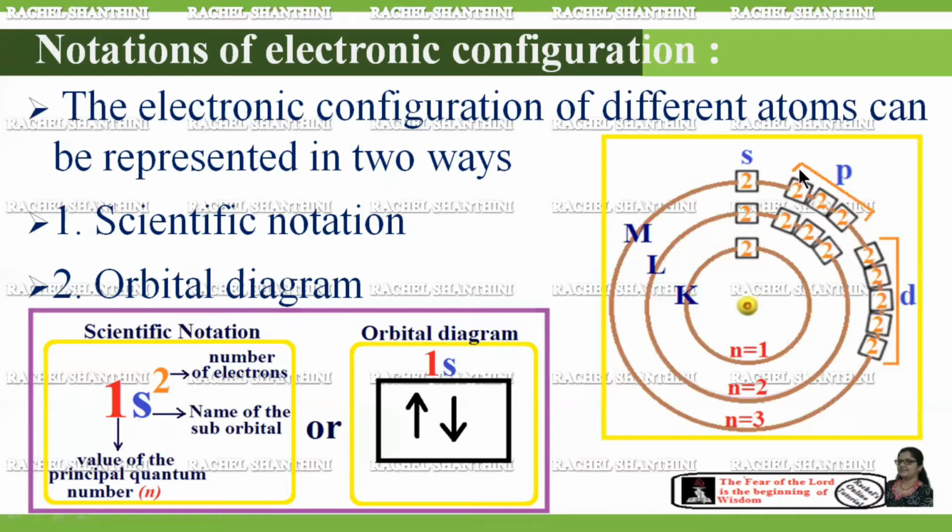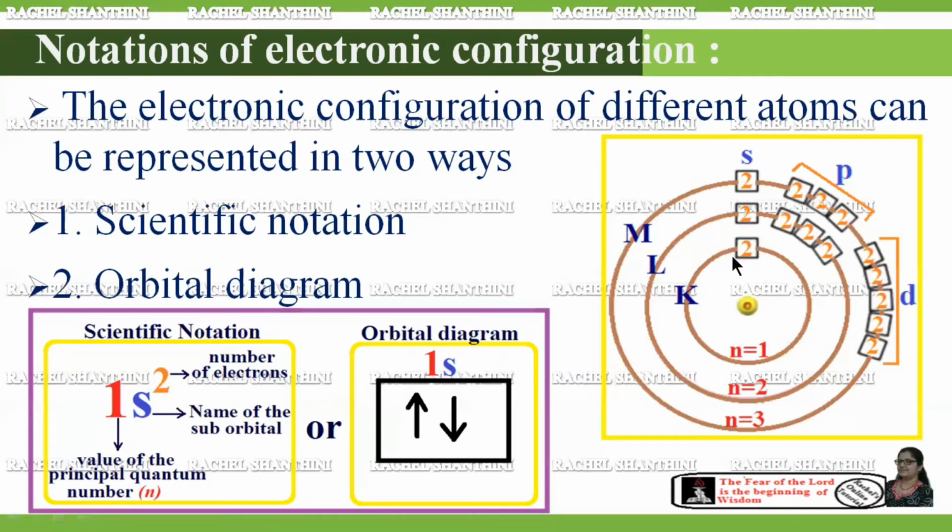The subshells which are present in different shells like K, L, M and so on are represented by writing the principal quantum number before the respective subshell. For example, let us take the K shell. In the K shell, we have s suborbital, right? So we have to write small s over here.